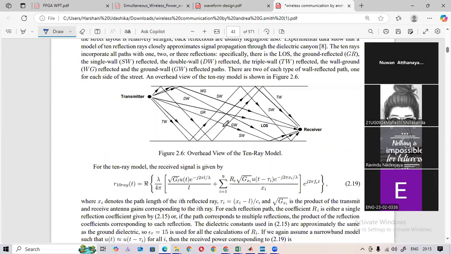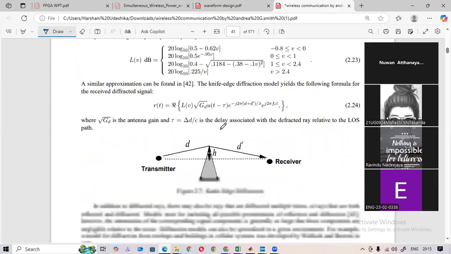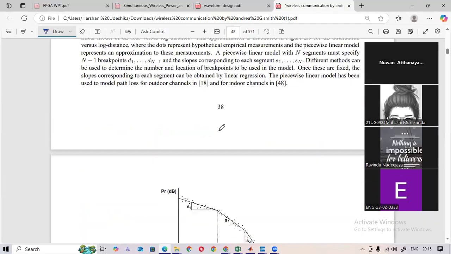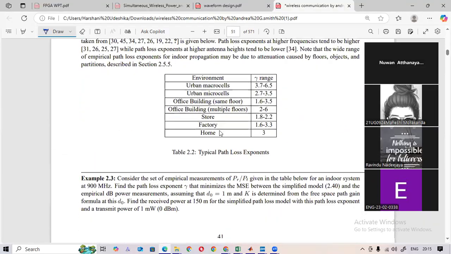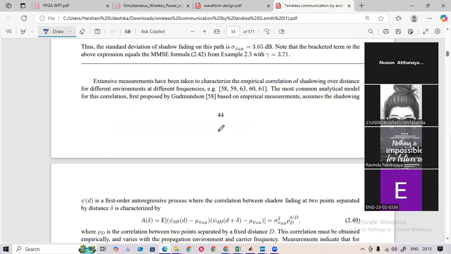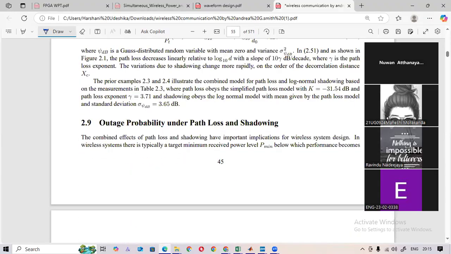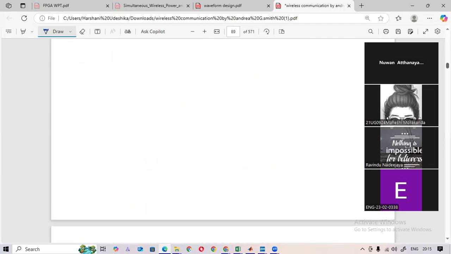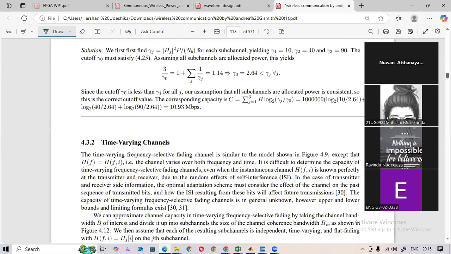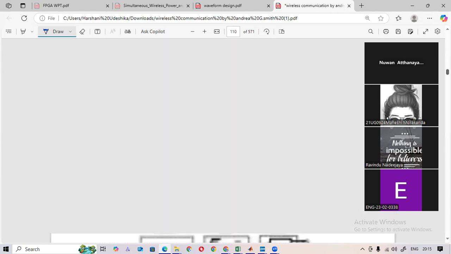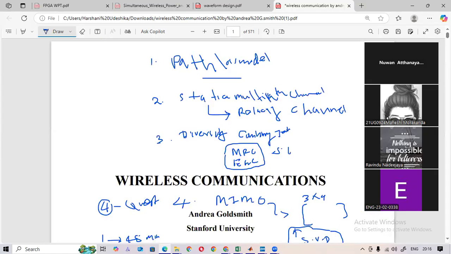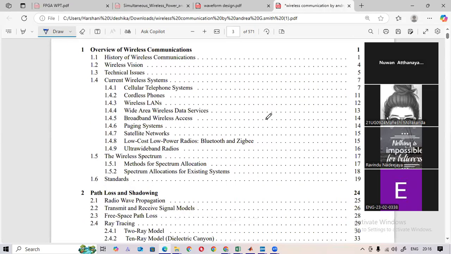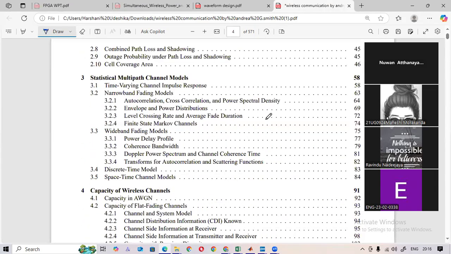Okay, so the second question is related with the statistical multipath channel model.